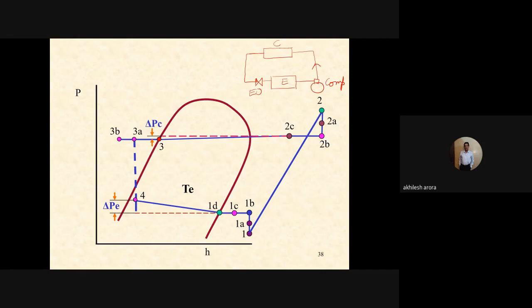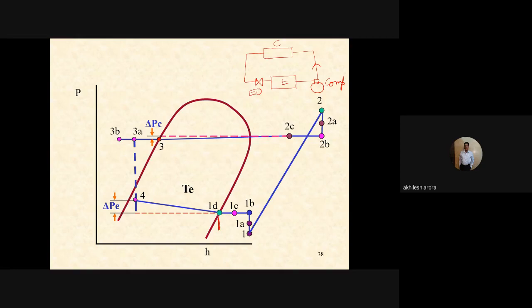I will not put the numbers here because there are a number of them. First of all, I am starting from state point 1D.